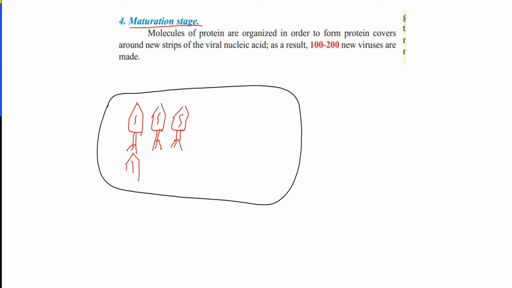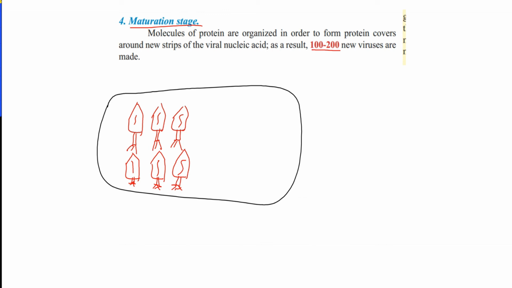DNA around DNA, protein coats, tail and fibers. In this method, about 100 to 200 new viruses are produced.